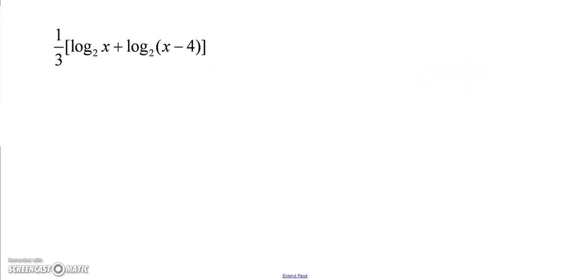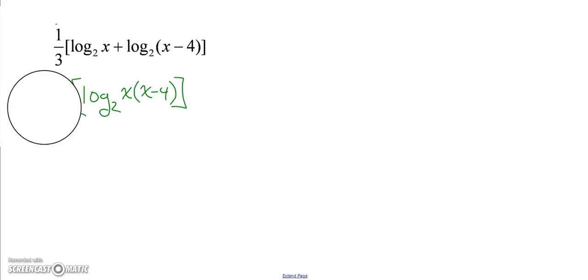All right, last one. So what I see here is first, if I work on the inside first, what I can do is write that as log base 2 of x times x minus 4, all times 1/3.